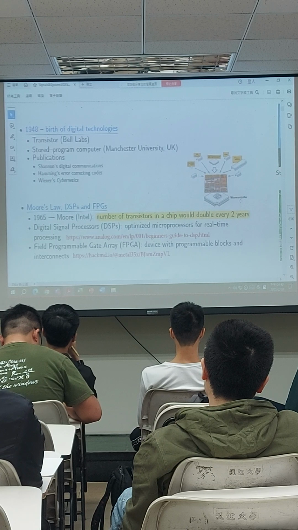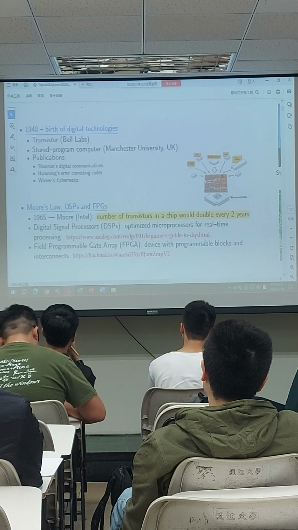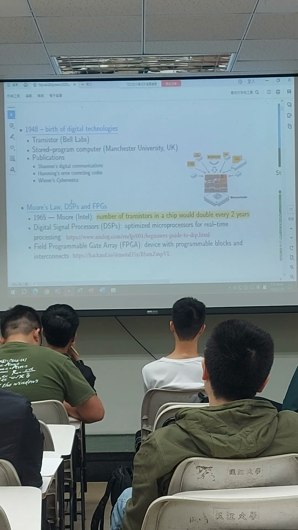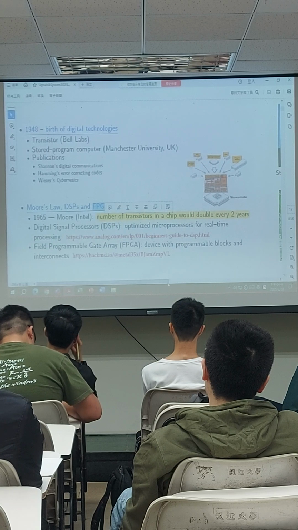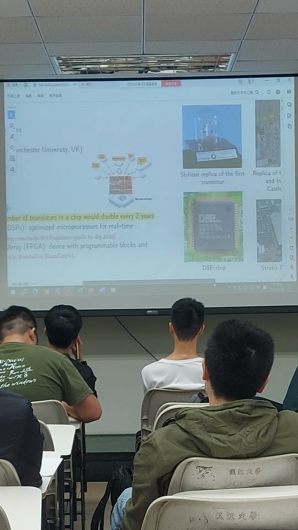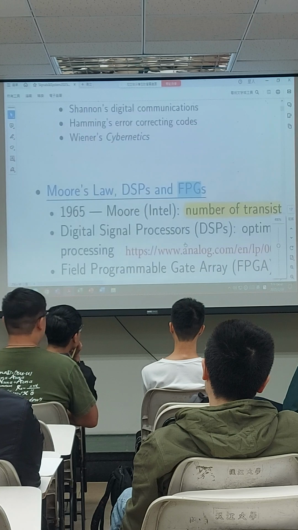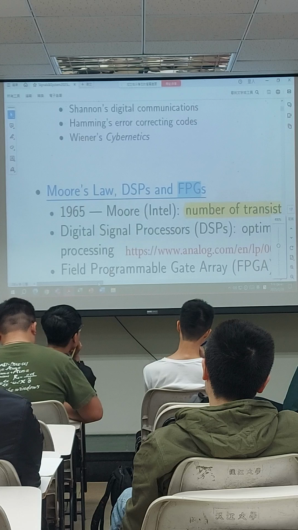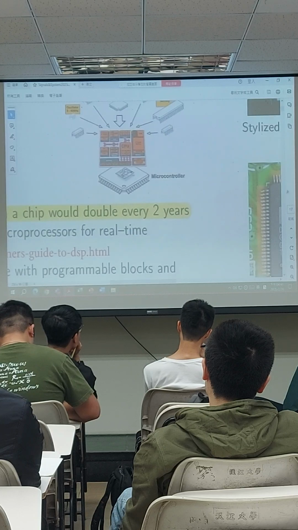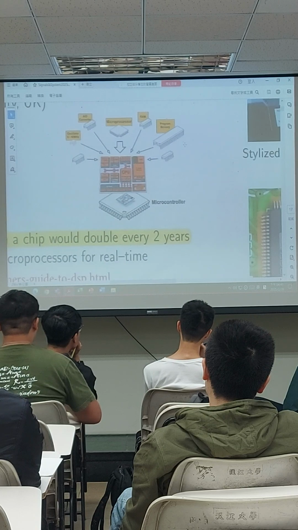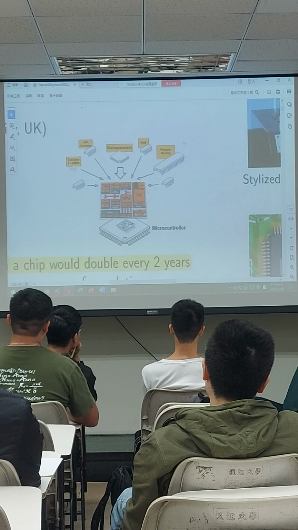Okay, for the digital signal process, we need digital signal processor, DSP, and also the FPGA. Now, a DSP actually is a mini size. This is the DSP, the structure of the DSP.